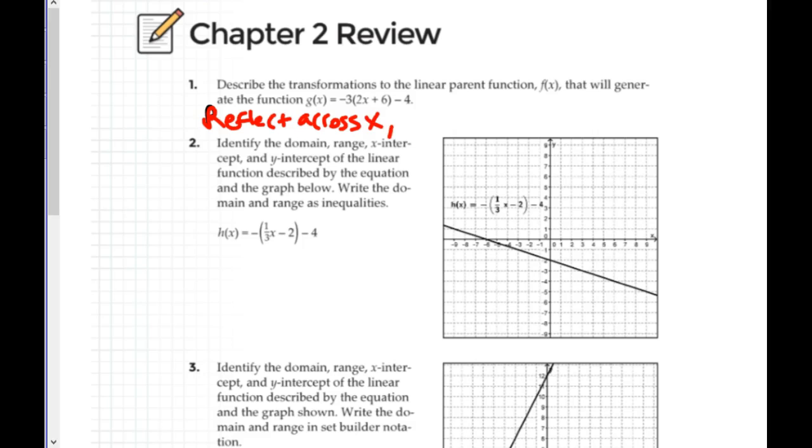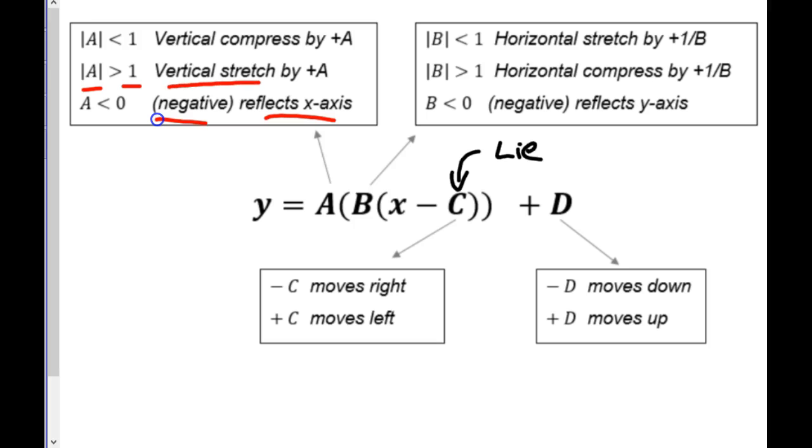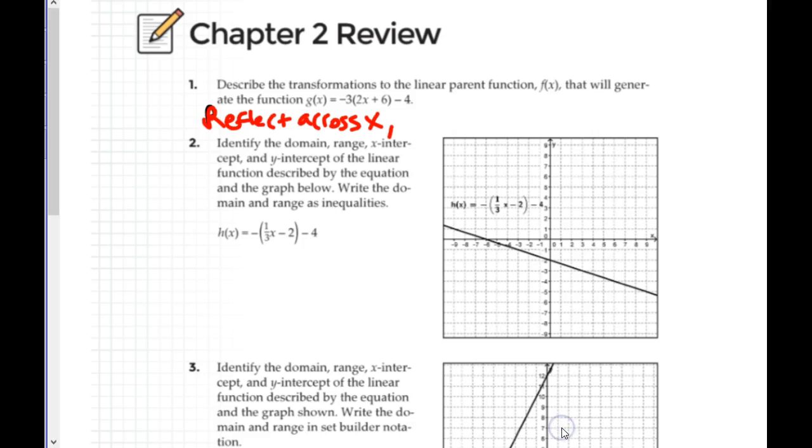And then 3 is greater than 1, so we just had this. 3 is greater than 1, that's a vertical stretch.